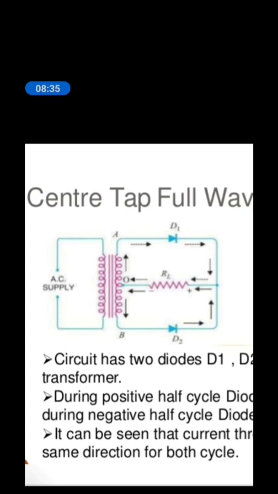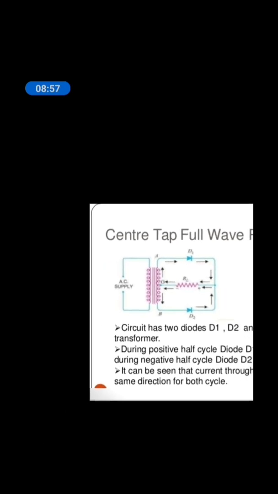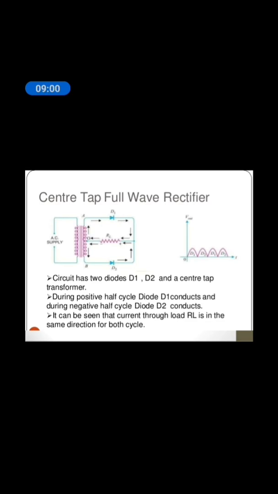But the diode D2 is reverse biased. So in this condition there is no current flow across the junction of the diode D2, and we get output across the load resistance RL due to the diode D1.